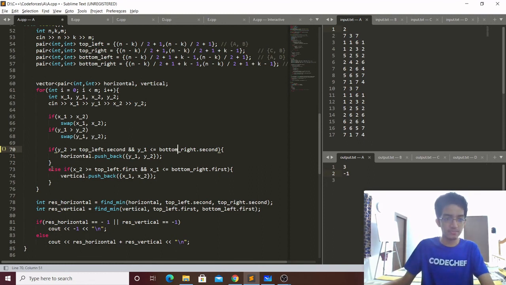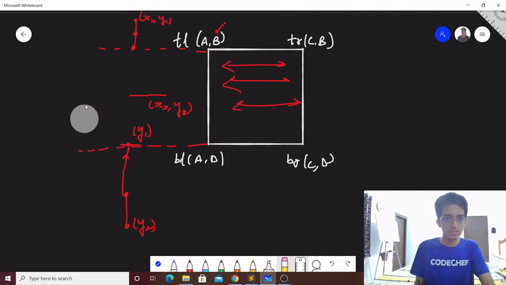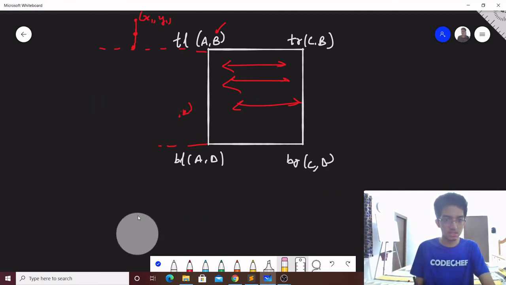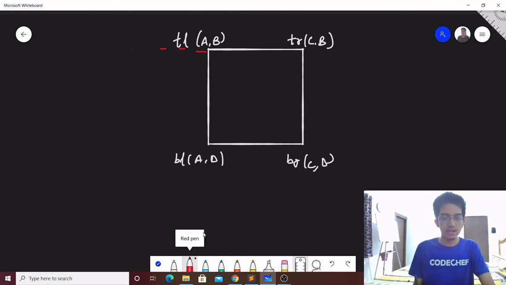Now let's look at the vertical condition. If the arrows are shot vertically, let me just erase this. We don't need this. Okay, yeah. So now the arrows are being shot vertically.